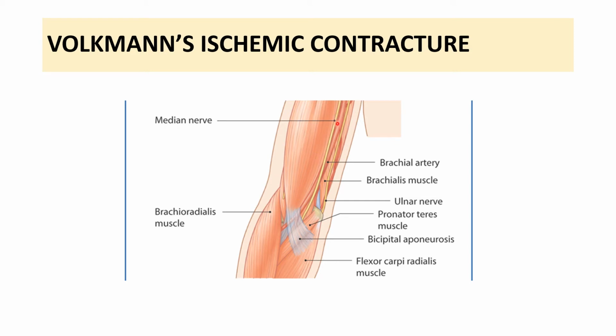You are seeing the median nerve and the brachial artery, and behind you are seeing the ulnar nerve. So these are the structures that are closely related to the lower end of the humerus. That is the brachial artery, the median nerve and ulnar nerve.